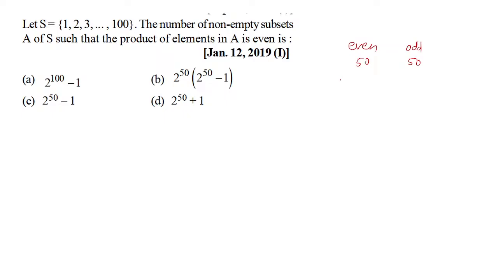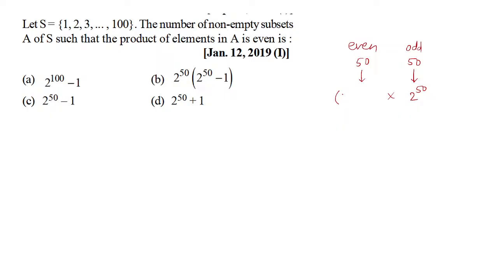So that means each of these odd elements has the option to be part of the subset or not be part of the subset. So it becomes 2 to the power 50, multiplied by, think about this, there has to be at least one even element.